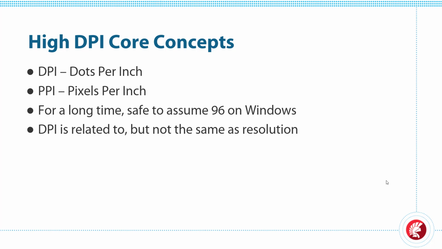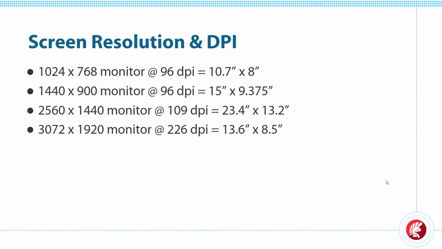So a lot of people seem to think that DPI is related to resolution. Well, it's similar. It's certainly related, but it is quite different. As an example, let's take a look at four different monitor sizes here. Going way back, old school monitor, 1024 by 768.